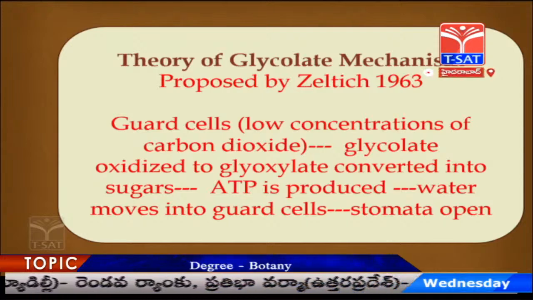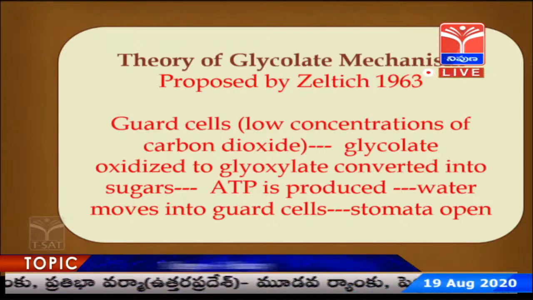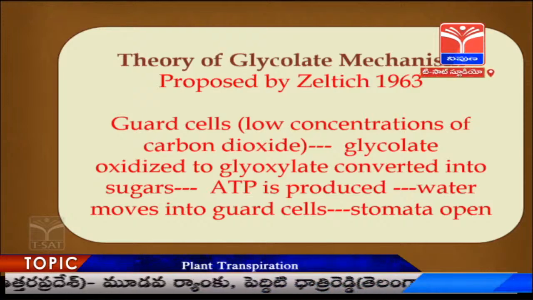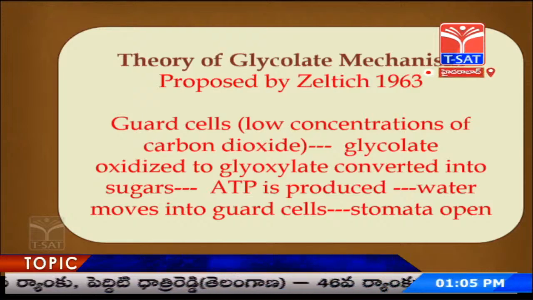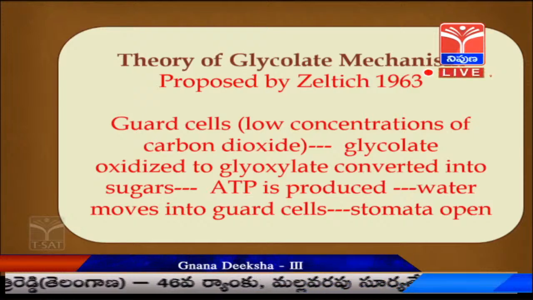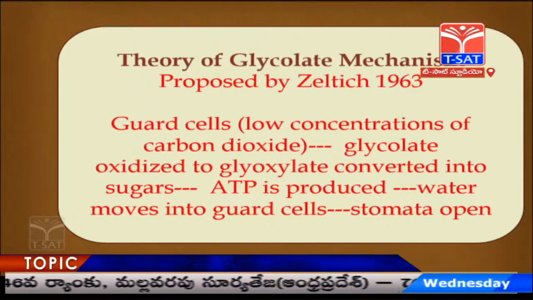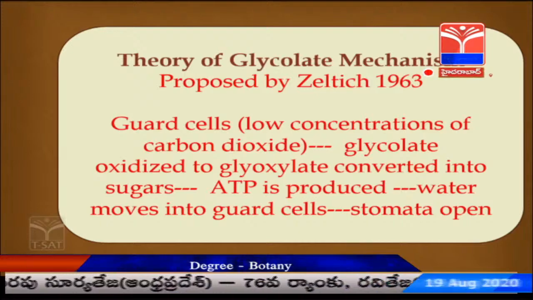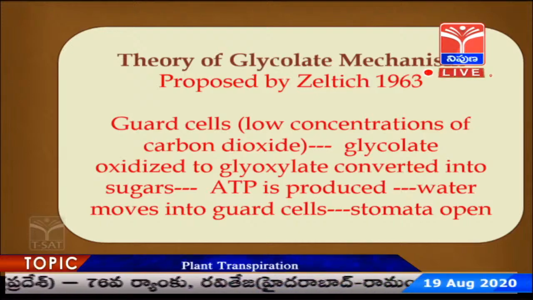Now, once the sugars are produced, water moves into the guard cells due to endosmosis and the stomata open. This is what is proposed by Zelitch, and his theory is known as the glycolate mechanism.